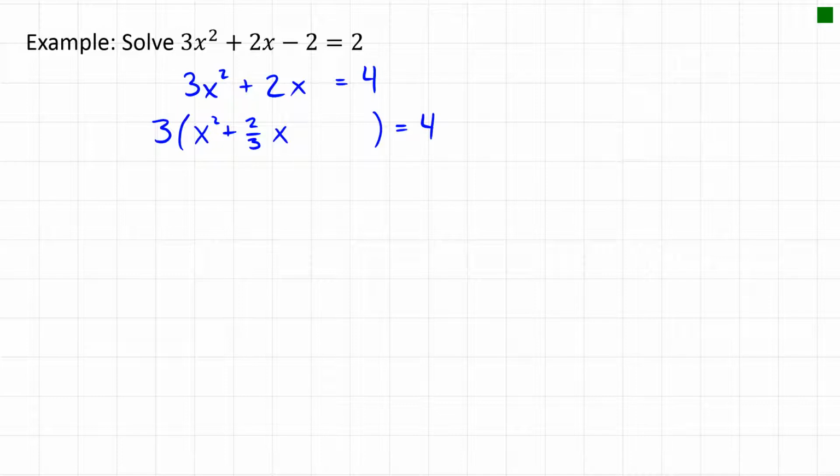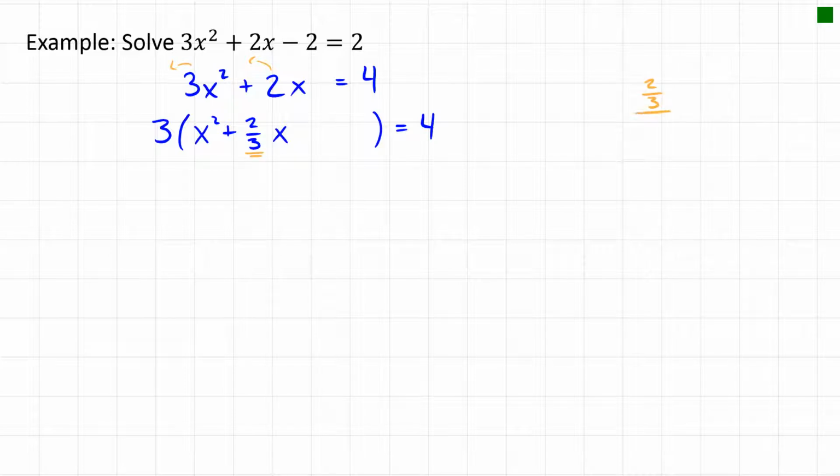So again, fractions can happen. Because we had to take the 3 off of each term, well, 2 divided by 3 does not result in a nice number. It results in 2/3. And now we're going to have to use this value of 2/3 to complete the square.